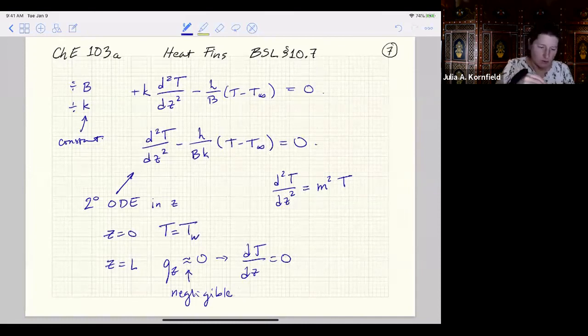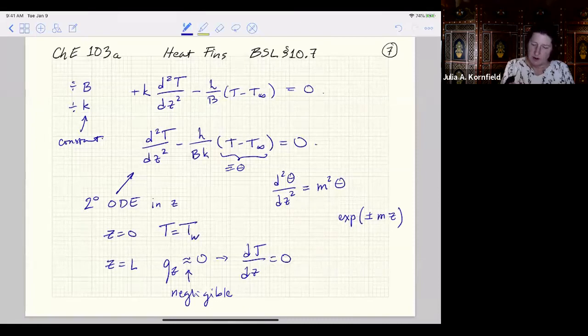Actually, to make that more explicit, let's define theta to be T minus T infinity. And then the differential equation fits nicely and clearly into this form, which gives solutions that are growing and decaying exponentials.